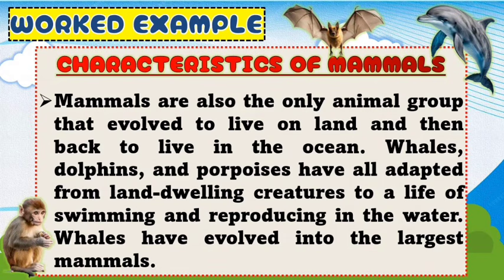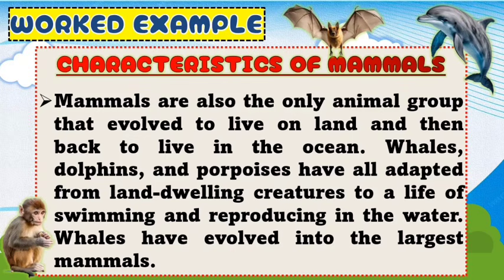Another characteristic of mammals is that mammals are also the only animal group that evolved to live on land and then back to live in the ocean. Whales, dolphins, and porpoises have all adapted from land-dwelling creatures to a life of swimming and reproducing in the water.